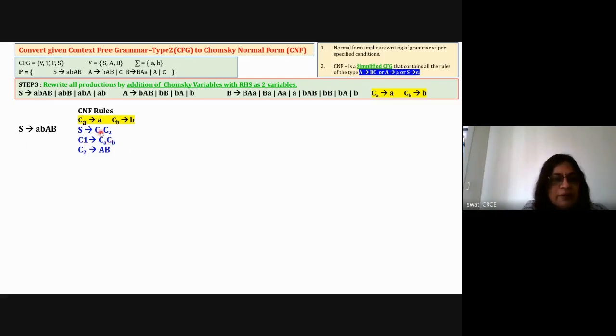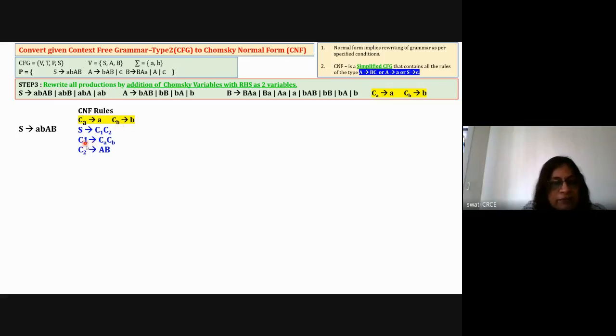And what is my C1? C1 is equal to small ab. But I cannot write C1 is equal to small ab because to the right hand side 2 terminals are not allowed. To the right hand side I can have either one terminal symbol or I can have 2 variables. So instead of writing C1 is equal to small ab, I know that small a is equal to CA and small b is equal to CB. So I'm going to write it in the variables form.